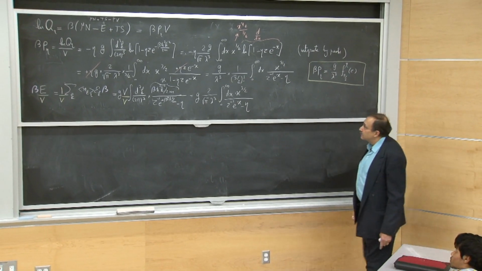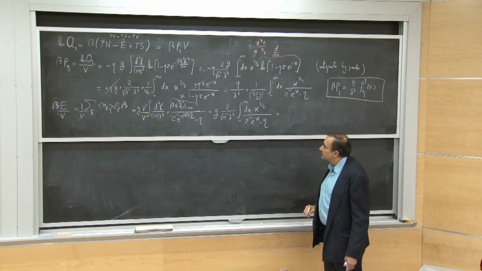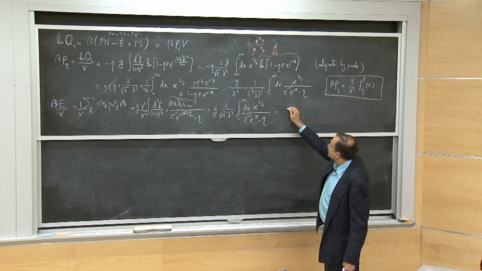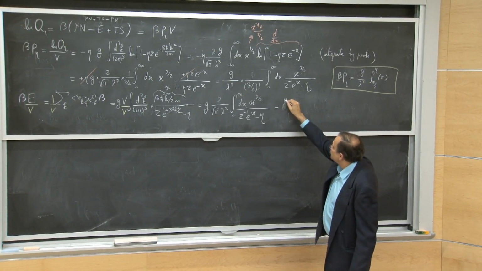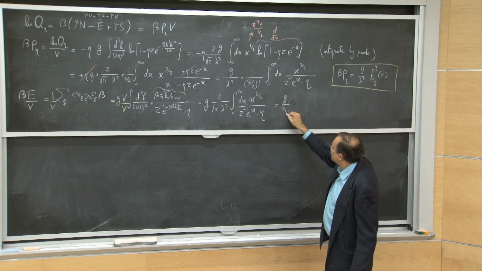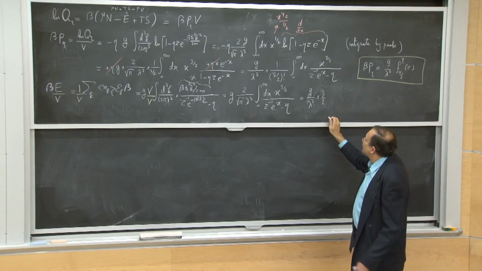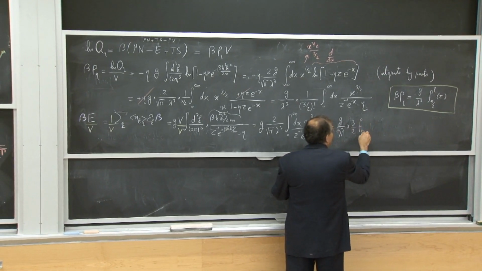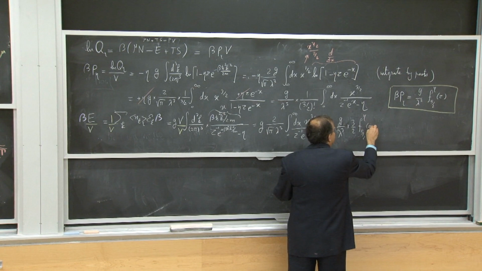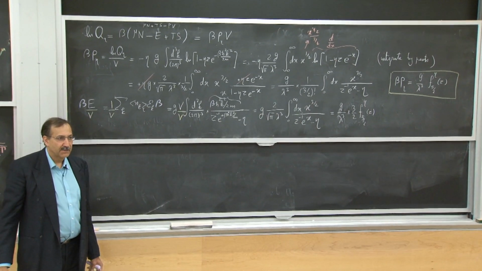So what I conclude is that this quantity is, in fact, g over lambda cubed times 3/2 of f 5/2 eta of z. Okay?